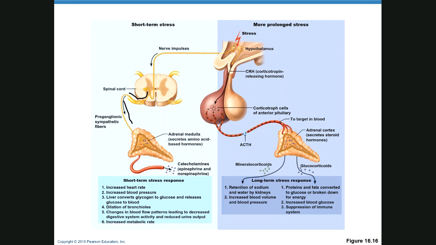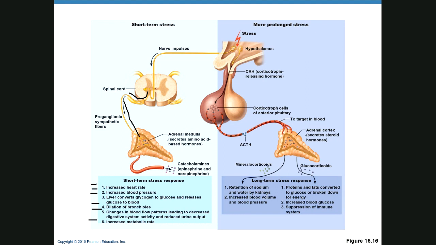Okay, now you're going to get increased heart rate, increased glucose. The liver converts glycogen to glucose, so that's another reason for blood glucose to increase. Dilation of bronchioles, changes in blood flow to allow you to run from the bear. Your digestive and urinary systems are not going to pay much attention to what's going on. Increase in metabolic activity. And all that's good because you get away from the bear.